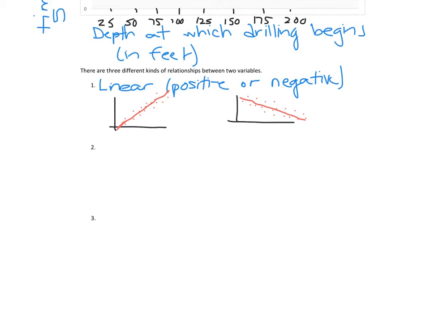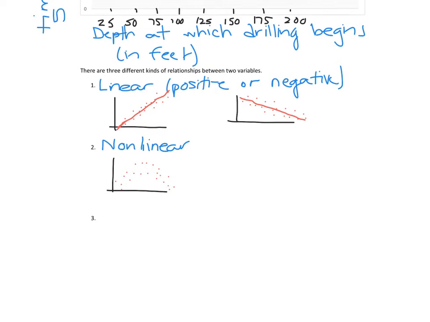All right, we could have a nonlinear relationship between our explanatory and response variables. So go back to your algebra class and think about graphs that aren't lines. And those are your nonlinear relationships. So maybe something like a parabola.